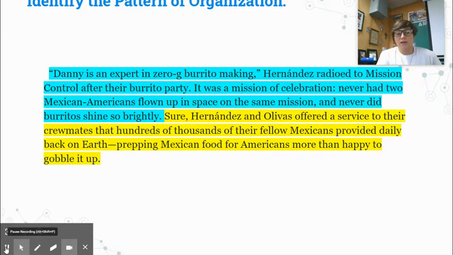All right, so the pattern of organization here is compare and contrast. Okay, they're talking about Danny and they're talking about Hernandez and Olivas and their two chefs, they're two Mexican American chefs who have not only cooked and prepared food on Earth, but they've also gone into space and cooked and prepared burritos in space. Okay, so hopefully we got that one correct as well.